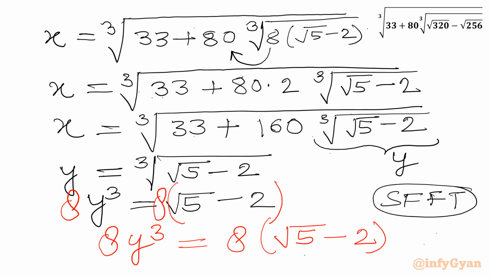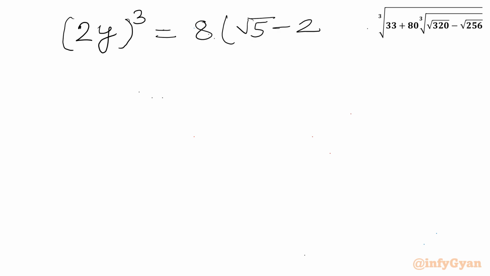So LHS will become 2y whole cube. Let me write here 2y whole cube equal to, I will write 8 times root 5 minus 2, which will give us 8 root 5 minus 16. Now I can split 8 as 5 plus 3.